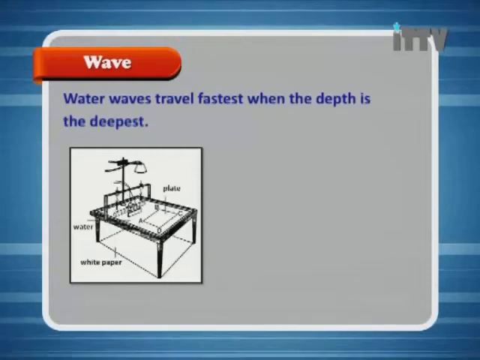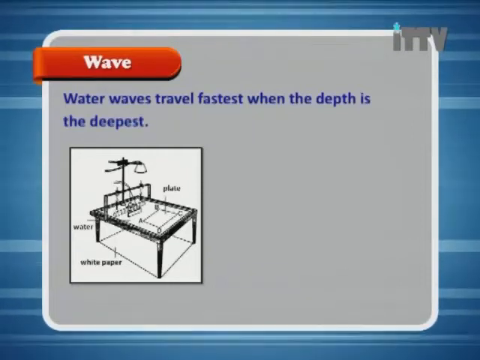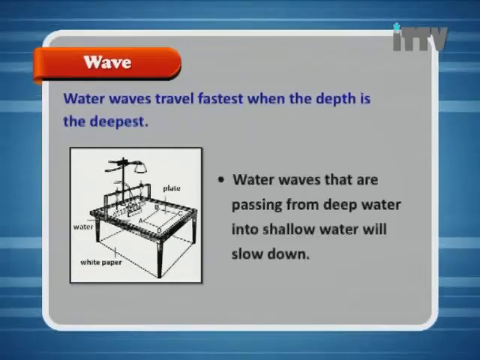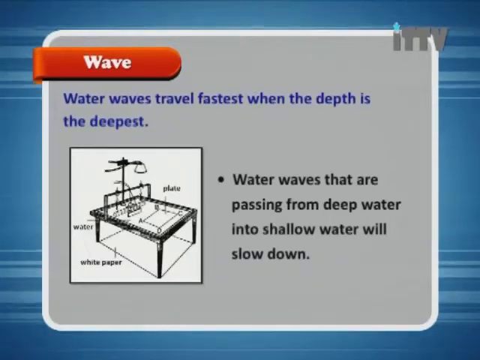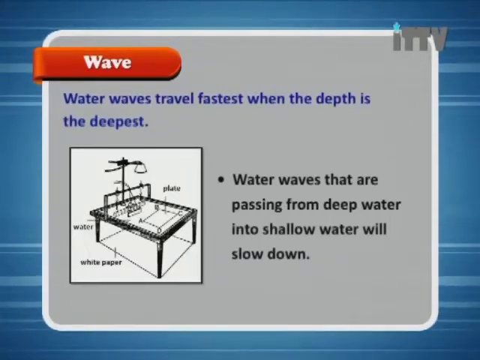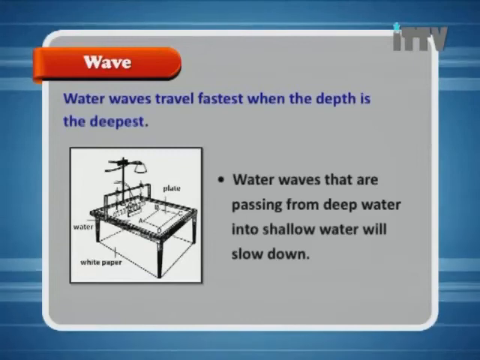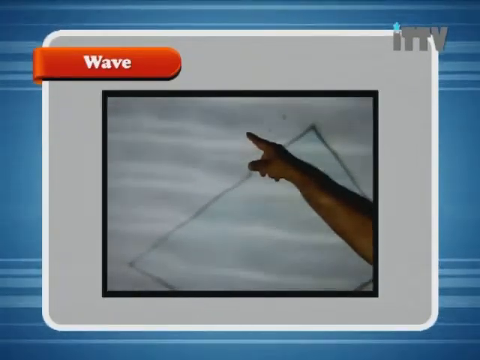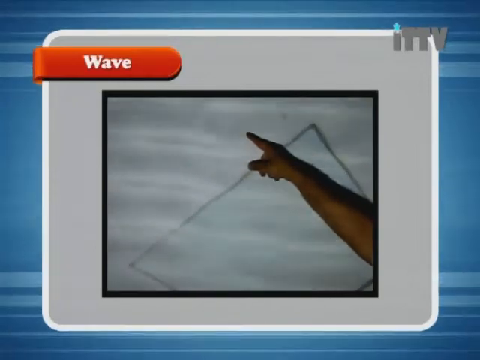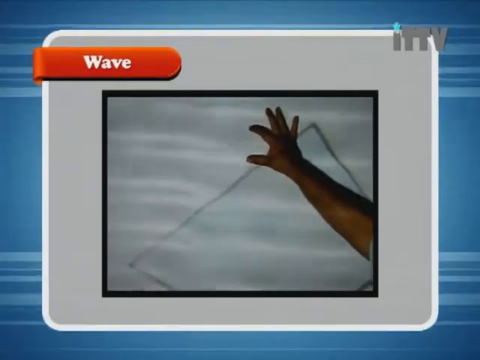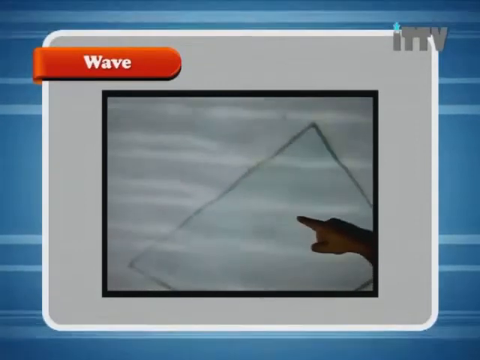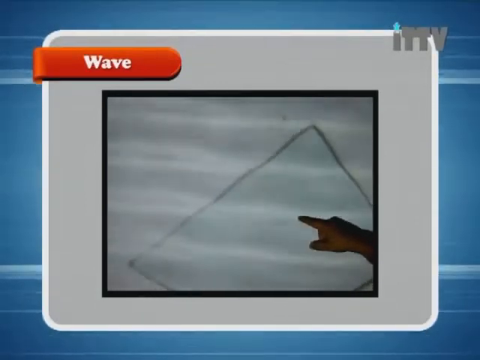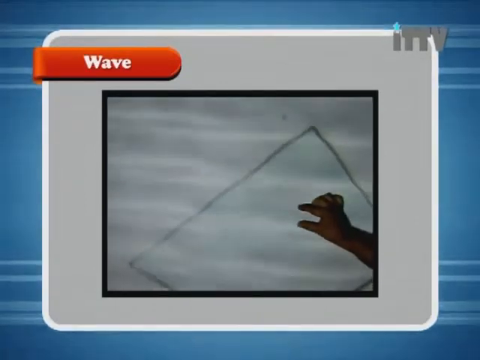Water waves travel fastest when the depth is the deepest. Water waves that are passing from deep water into shallow water will slow down. In the diagram, you can see as the water is traveling in the ripple tank and the waves pass over the glass block, they are slowing down. Oh no, you can't see that, can you?